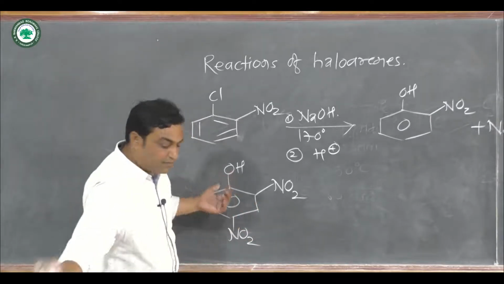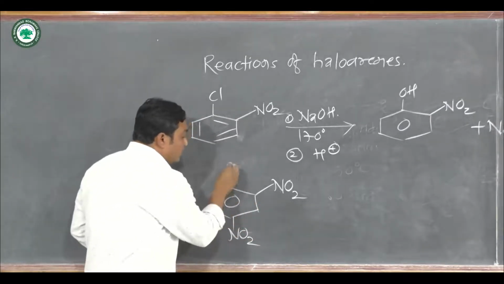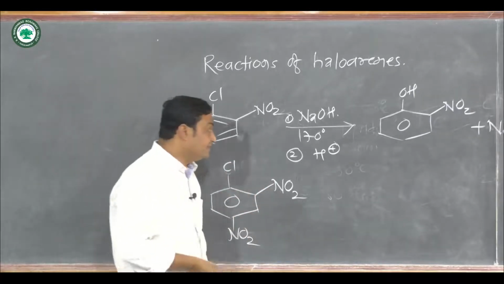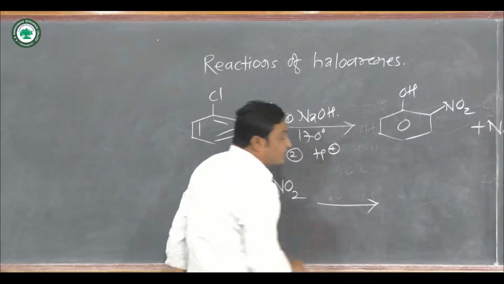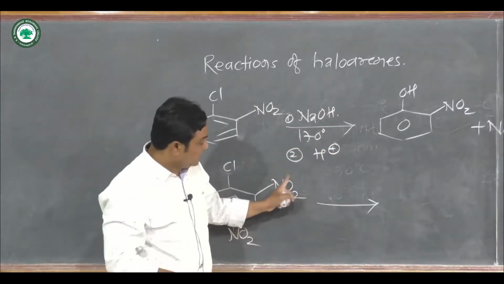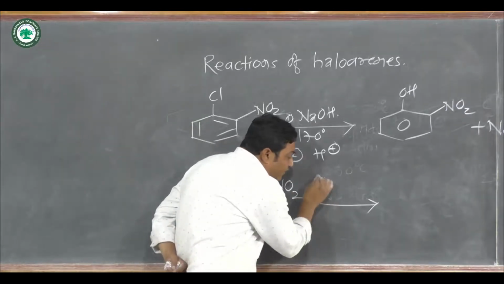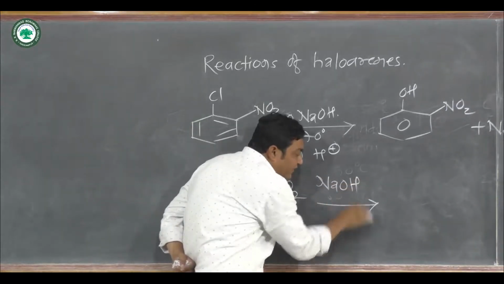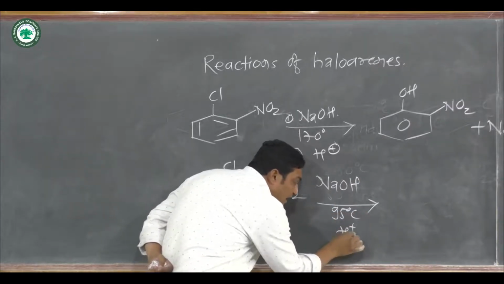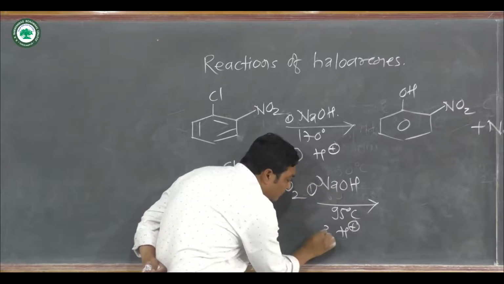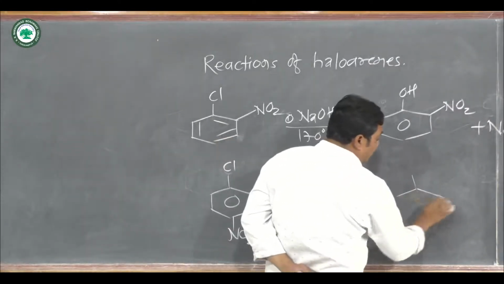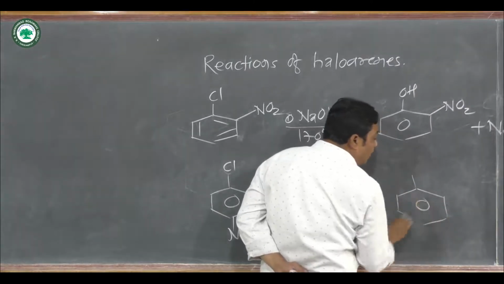When this dinitrochlorobenzene is treated with aqueous NaOH at 95 degrees Celsius, after the acidification, we will obtain dinitrophenol as a product.